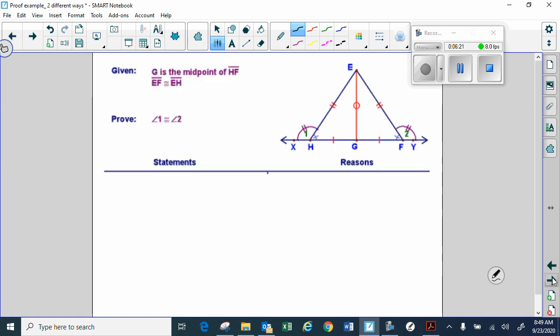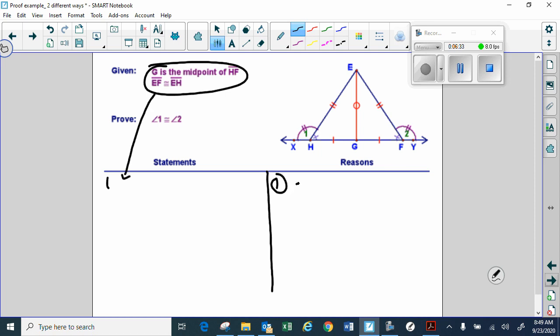Okay, now let's do that same proof a different way. Again, first thing I'm writing down are the givens, so I'm just going to draw that right there. One is given. I'm not even going to use this at all.